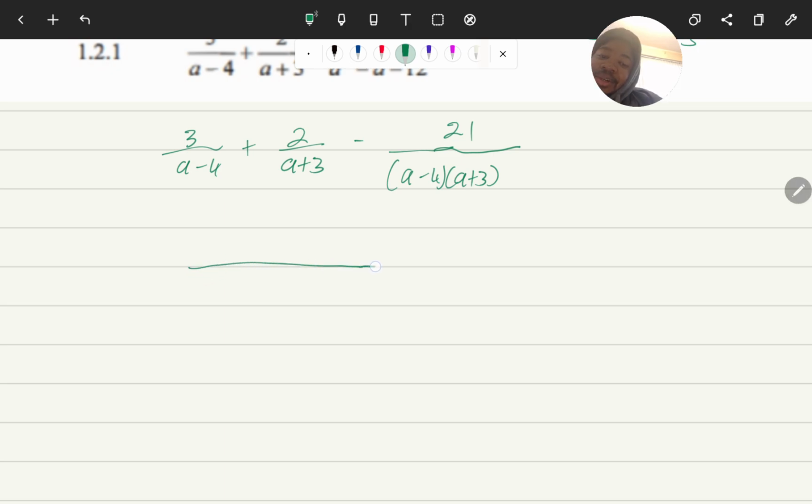adding fractions, right? So of course we'll have minus 21, over a minus 4, a plus 3, right? So now I'm gonna have a minus 4, I'm gonna have a plus 3, right? Once I'm done, I have 3 into a plus 3, right?